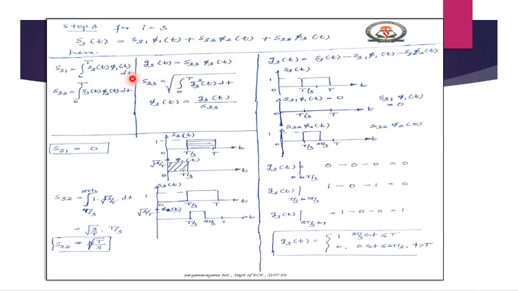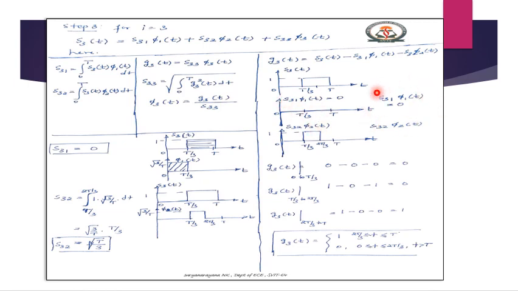Now we should find out S33. So g3 of t is equal to S3 of t minus S31 phi 1 of t minus S32 phi 2 of t. We already know the value of S3 of t, which has been given in the question, and S31 into phi 1 of t, which we already solved here. When we multiplied here, the resulting waveform is written here.